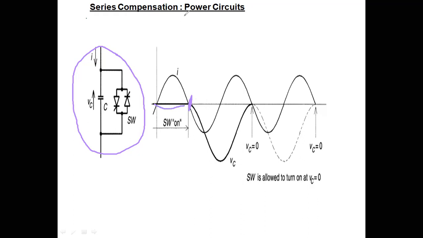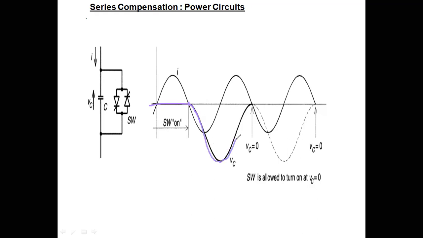See here, I am saying the reverse, please note this. The thyristor is on up to this point, that means the capacitor is bypassed. The thyristor is switched off naturally at this instant because the current goes to zero, so the capacitor will again come into the picture.